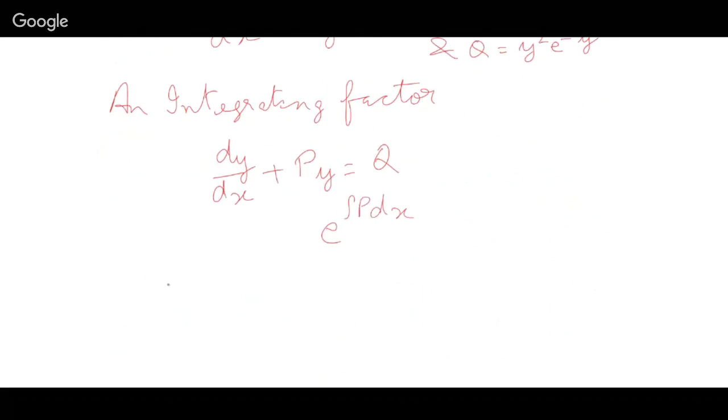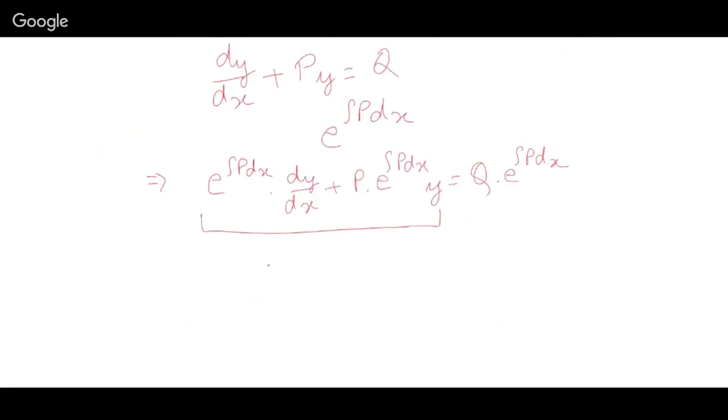So what we get, e to the power of integral p dx into dy by dx plus p into e to the power of integral p dx y is equal to q into e to the power of integral p dx. This is nothing but the differentiation of y into e to the power of integral p dx, and this is now equal to q into e to the power of integral p dx.